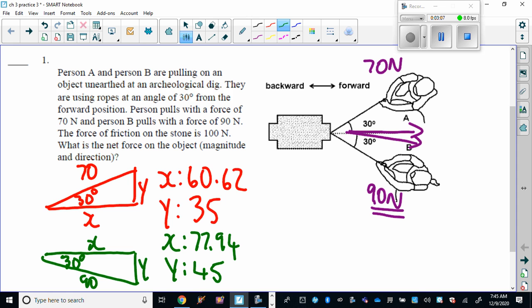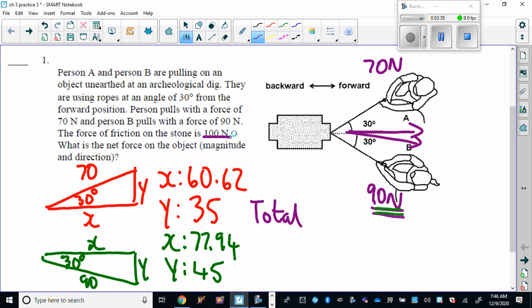So this person here is pulling with more force. It's going to be going down a little more than we would expect if they were pulling the same force. Now that we've got the X and Y components, we're going to add those and find the total X. What makes this question more difficult is that the force of friction is not an X or a Y component.